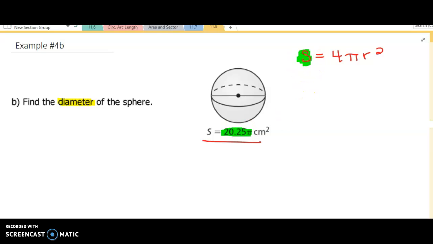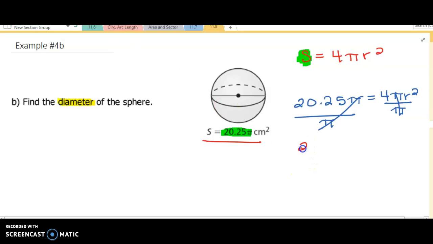So I'm going to plug that right in there for my surface area. So 20.25 pi equals 4 pi r squared. Okay, well, I'm going to divide this by pi first, because that's easy since they just cancel each other out. So I'm left with 20.25 equals 4r squared. Divide by 4, divide by 4.